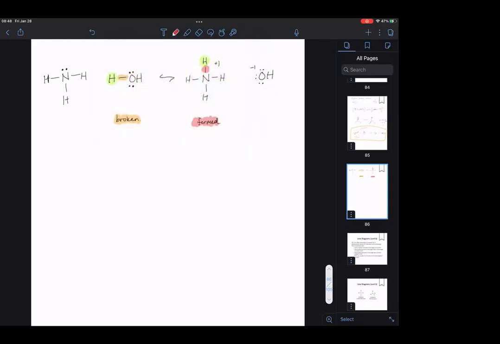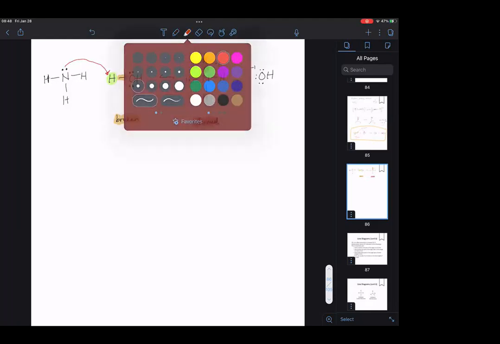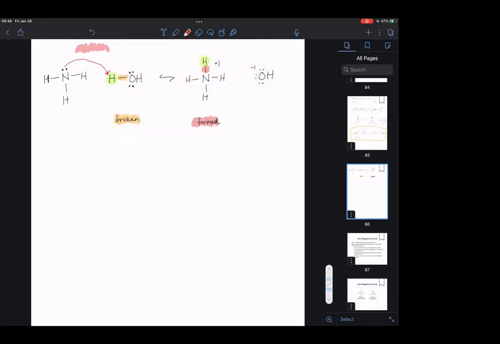So how I draw the bond that's being formed is this pair of electrons is going to reach out and grab that hydrogen. That's the formed bond. Okay, and everybody take a second and see if you can draw me the arrows to break that orange bond.